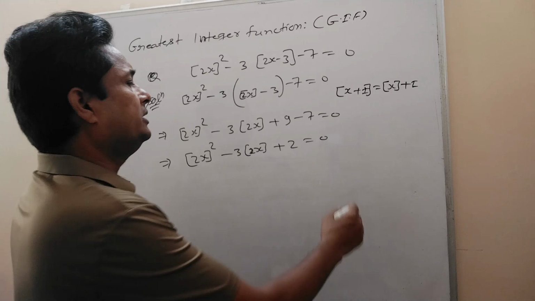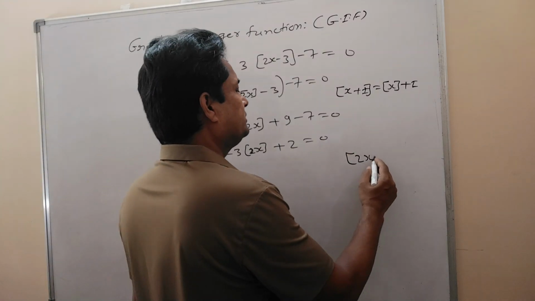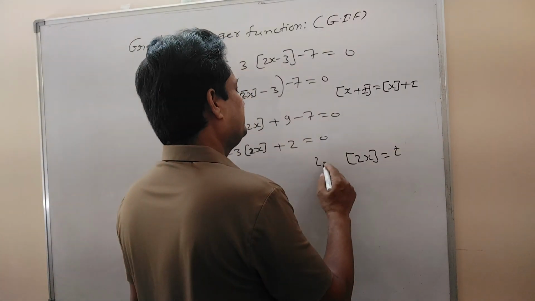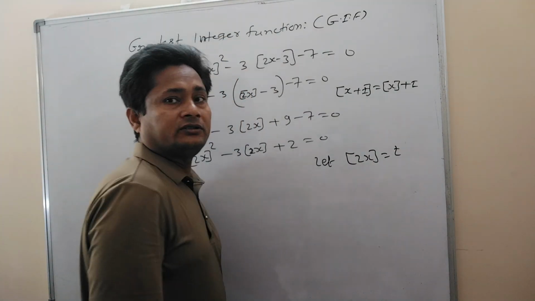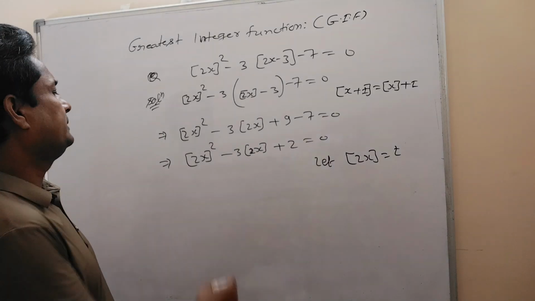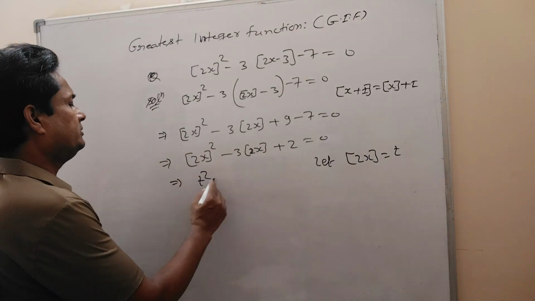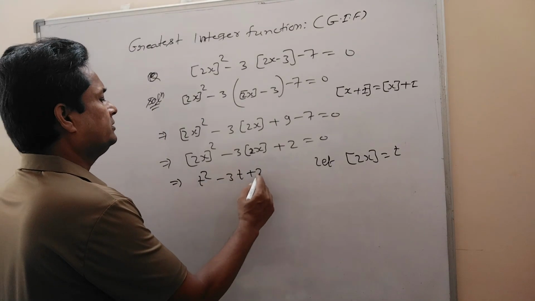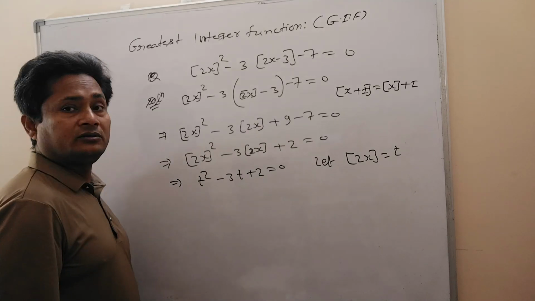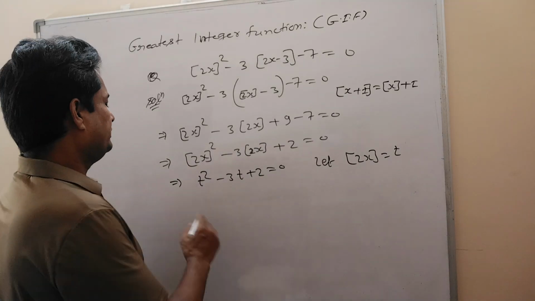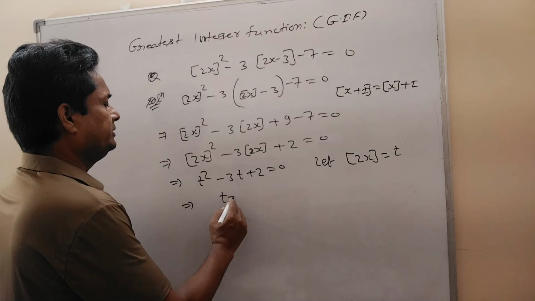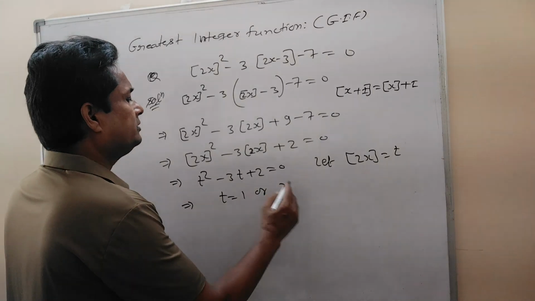Right? Now assume greatest integer of 2x is equal to t. So this can be written as t square minus 3t plus 2 is equal to 0. Now solve this one. The solution of this one will be t is equal to 1 or 2.